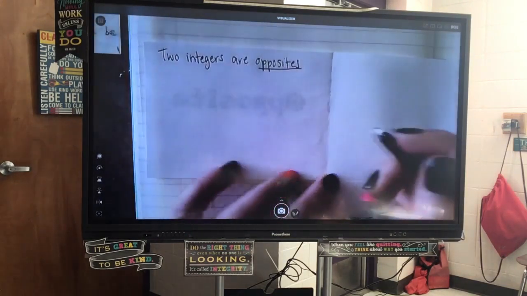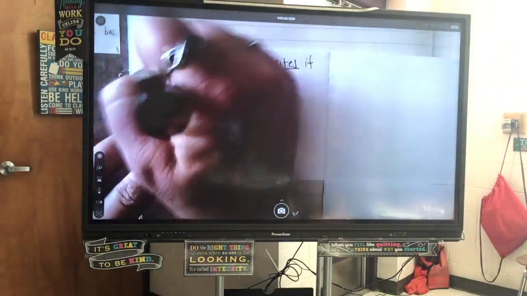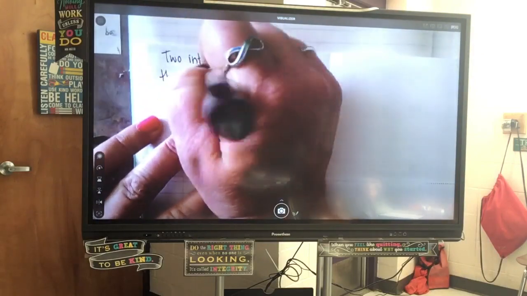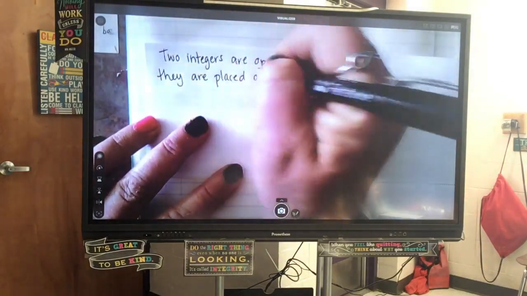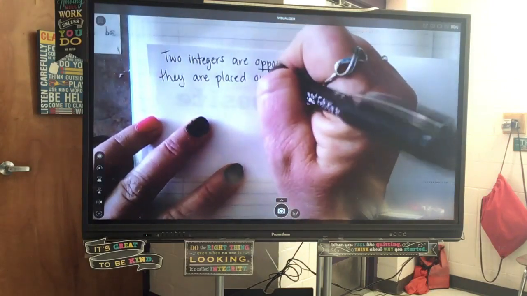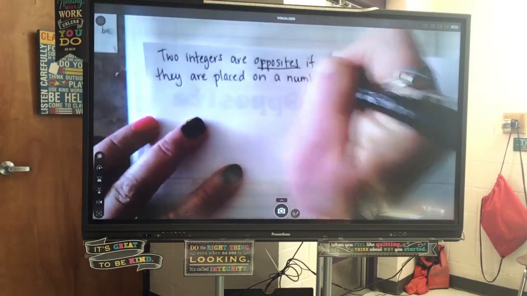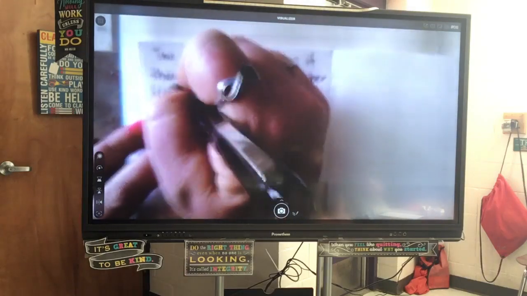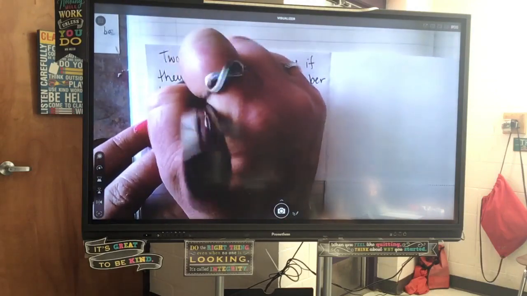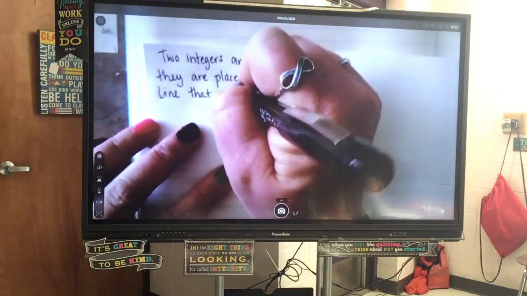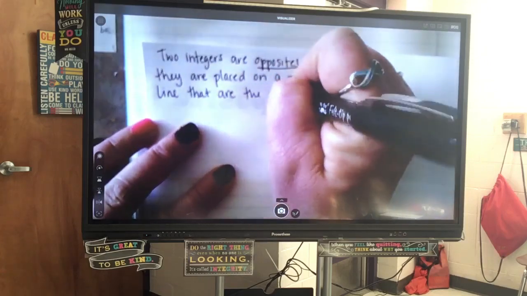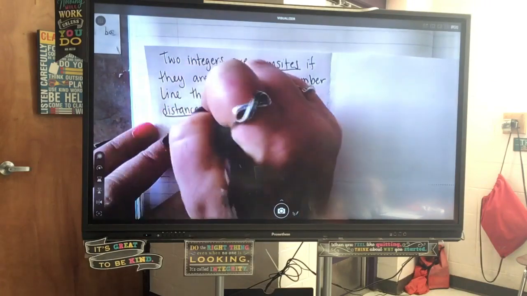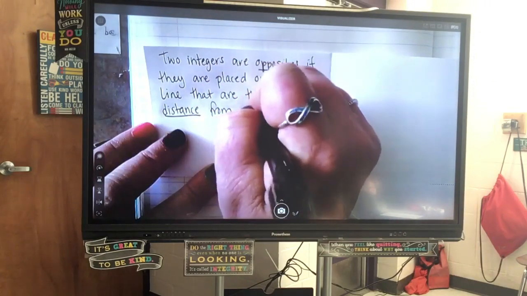So two integers are opposites if they are placed, let's see, on a number line that are the same distance from zero.